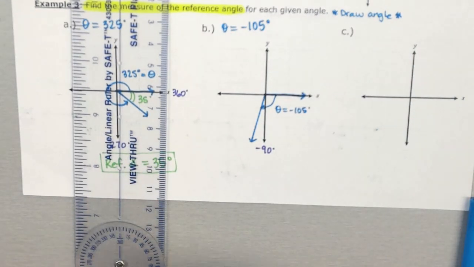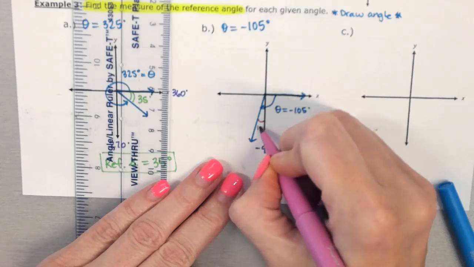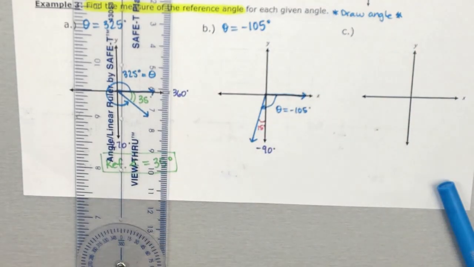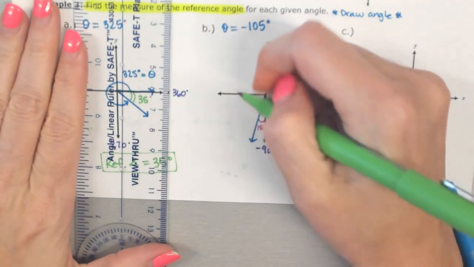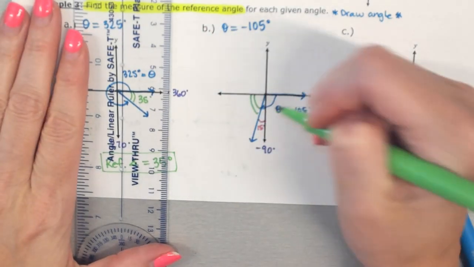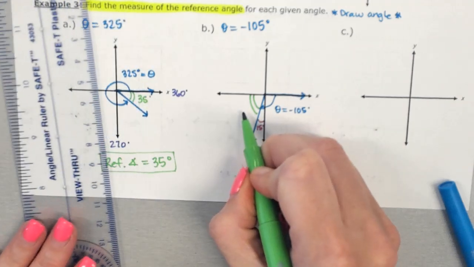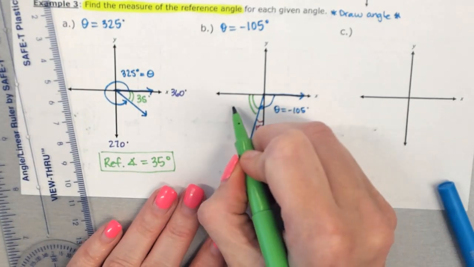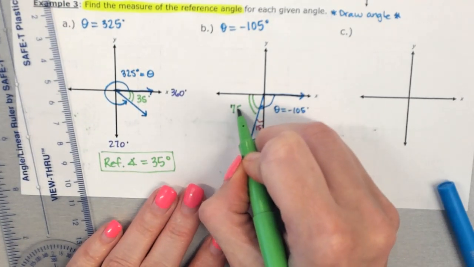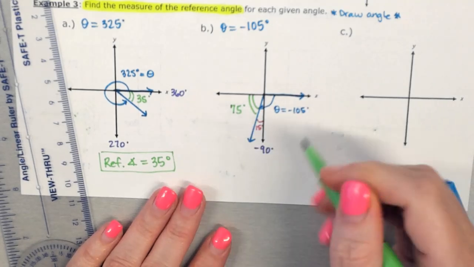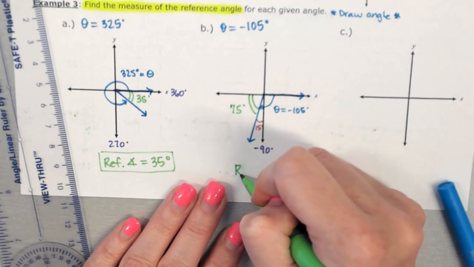Because this angle here is 15 degrees, that's not my reference angle because I have to go to the x-axis, but I can use that to help me find my reference angle. If this is 15, what does the reference angle have to be? 75, because together those two should make what? 90.